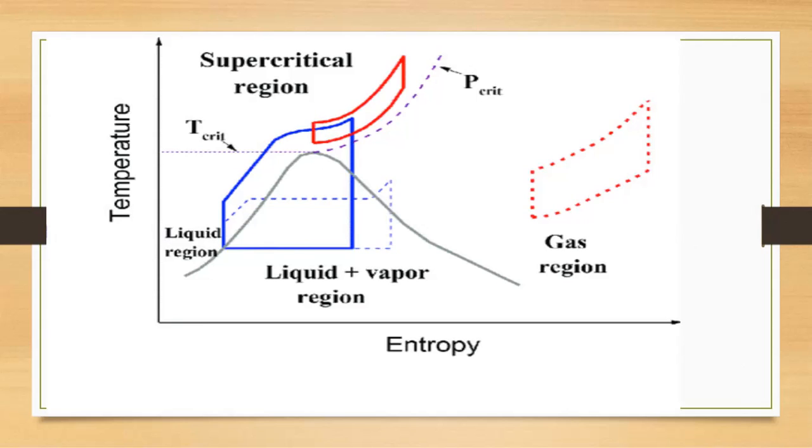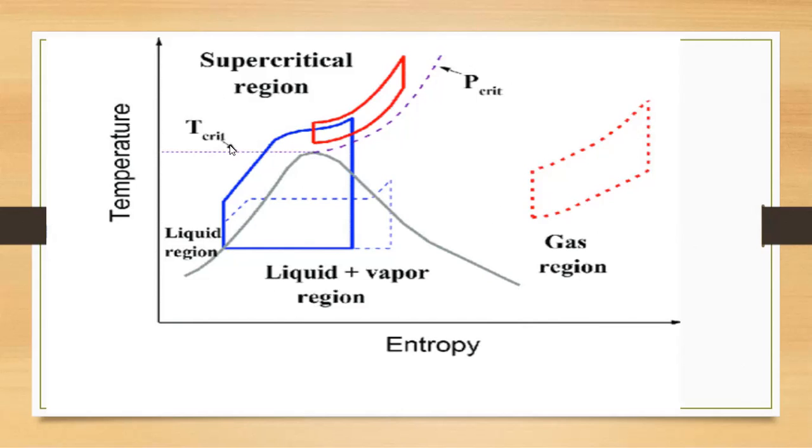In this graph, you can see the liquid region located on the left side, and in the middle we can see the liquid plus vapor region. And here is the gas region, and this is the area where the efficiency is shown, how it increases with temperature and pressure, where it varies, and this gives all the information.